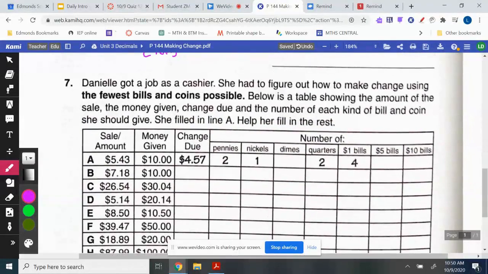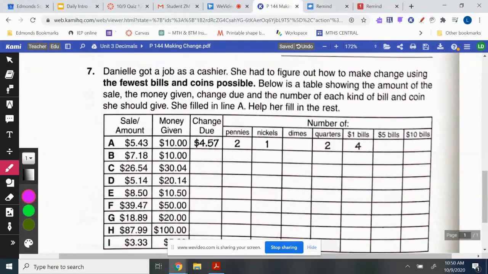Number 7 is where I want to spend our time today, because it's going to be doing the same problems we're doing above, but breaking it down into a chart so you can see it a little bit easier. And remind you that we can always give out 2 nickels for every dime, but what we're trying to do is use the least amount of coins and bills possible, and that's what they're talking about right here.